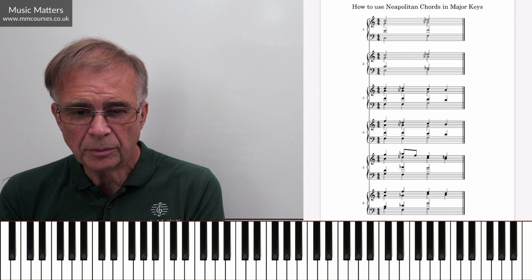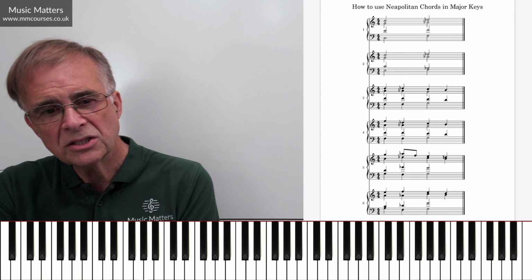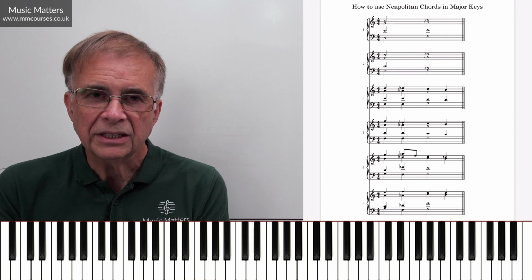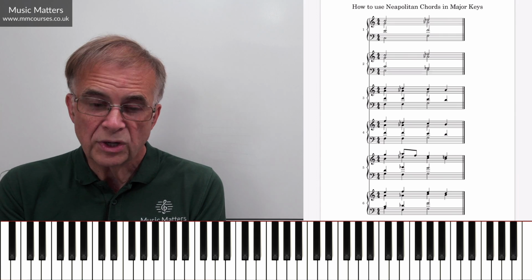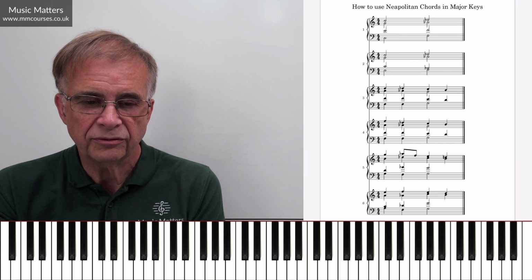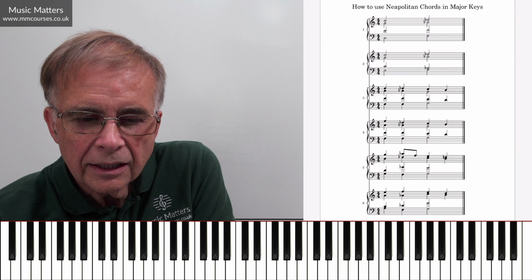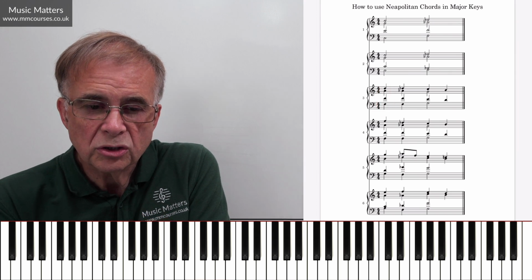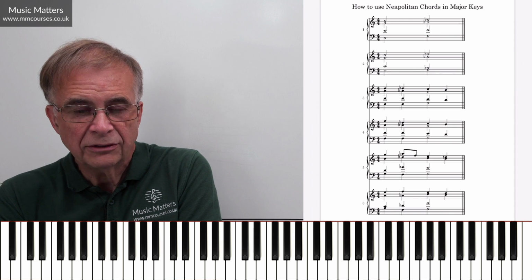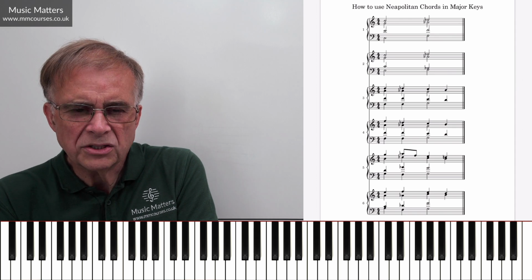And when I get to example 3, I'm also just beginning to include the possible resolution, but this time using as resolution chords, chord 1 in second inversion followed by chord 5. So here I've got chord 2, and I'm using chord 2 in first inversion. Now, why am I doing that?